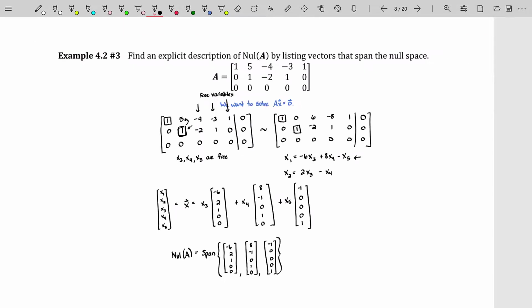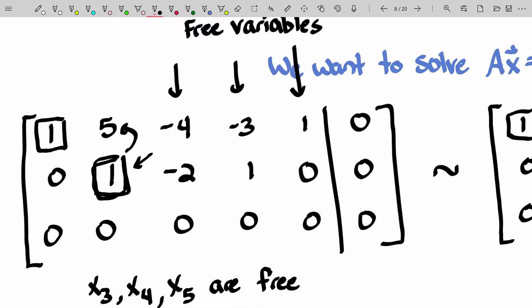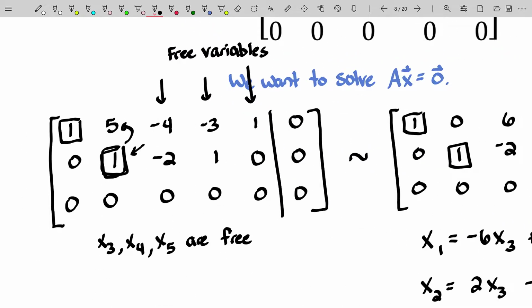Now I'm about to step away from this video, and I get it if you say, wow, that was a very short video for you because your videos are way too long. I totally understand that. But honestly, all I wanted to get done here was to give you the ability to write down an explicit description of the null space of a matrix A. To do so requires you to find the free variables in your given matrix and to solve AX equals 0.